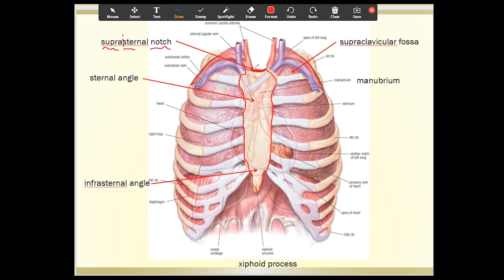The sternal bone originally is three bones. They fuse together and form one bone for adults.